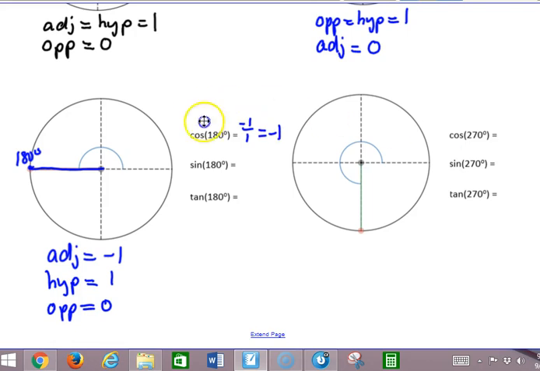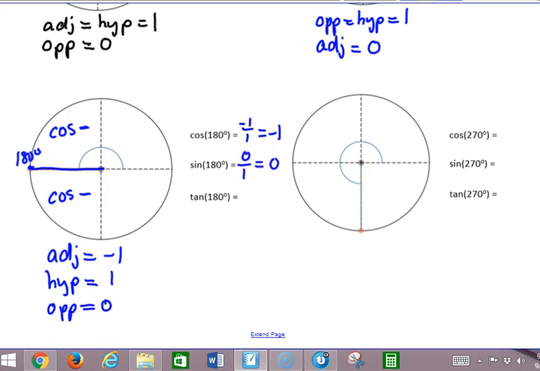And that makes sense because cosine is negative on this whole side. Cosine is negative here, and cosine is negative here, so it makes sense that it's going to be negative at 180 also. Sine of 180 is 0 over 1, which is 0. I want you to think about this.